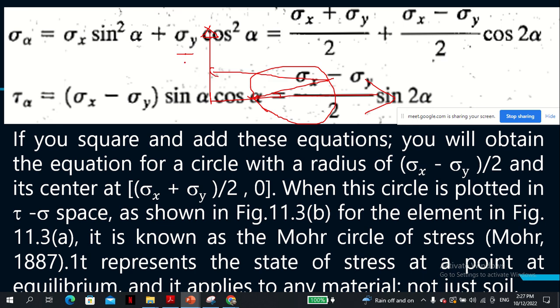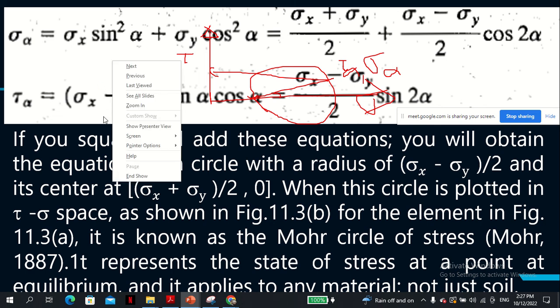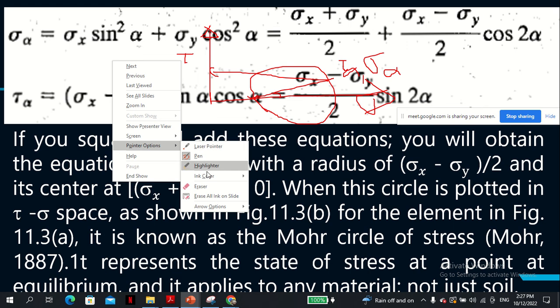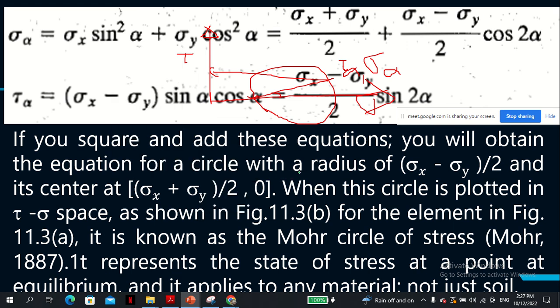So this is tau and this is sigma. From here you can read any tau alpha and sigma alpha. That's the whole point of this Mohr circle, and it is important because you are able to get the stress state at any point.